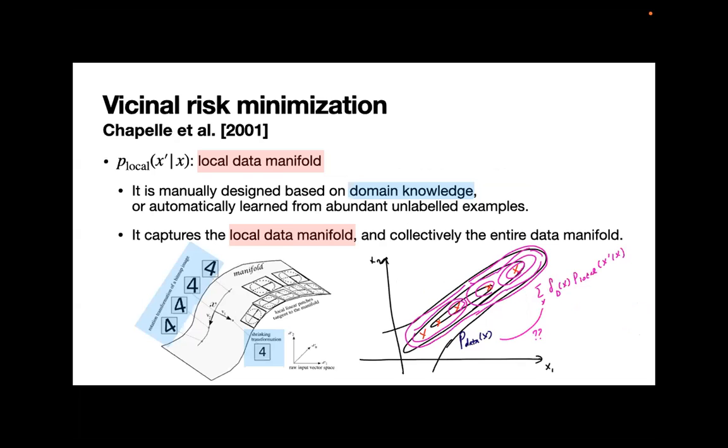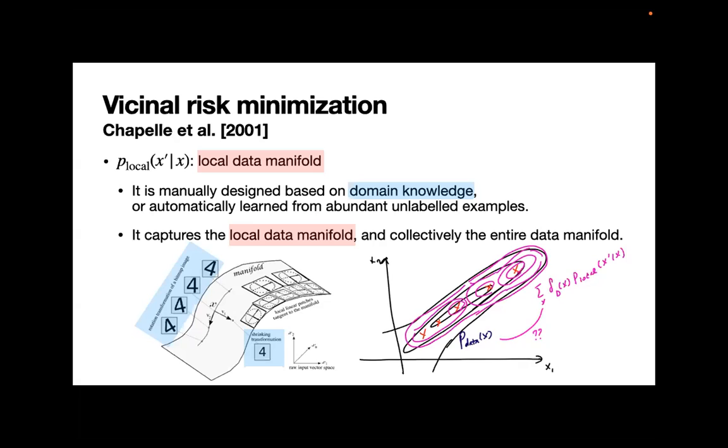So let's look at the first part. That is the second term, that is a local data manifold. And we're going to look at only the input. So what is the input point at the moment? And then what is the distribution that defines the vicinity given that input space? It's often manually designed based on domain knowledge, because the X is what the input is, and we often have good domain knowledge there.